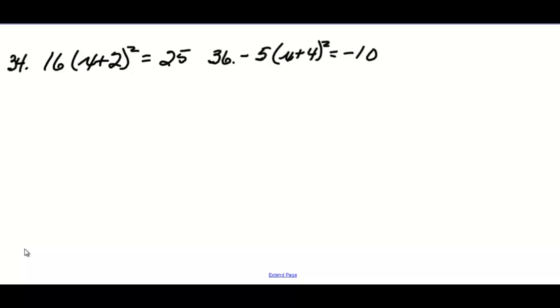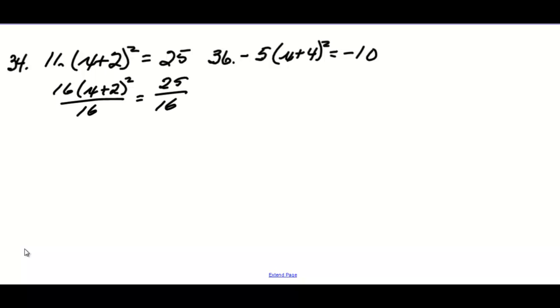So there's two ways to do this. Probably what they're looking for you to do, though, is take this 16, sorry about that, 16 times the quantity x plus 2 squared divided by 16 equals 25 divided by 16.